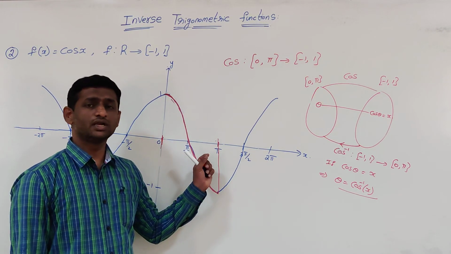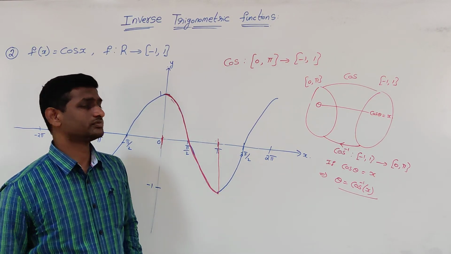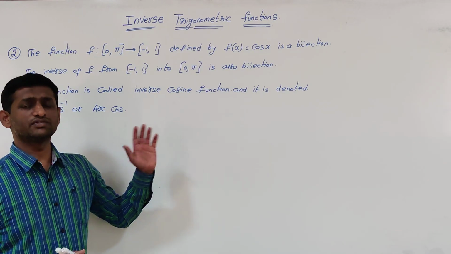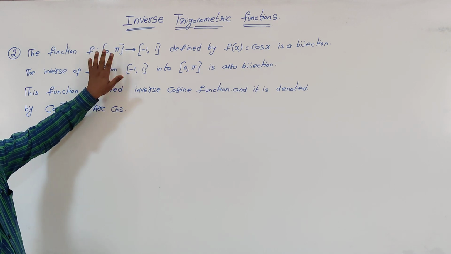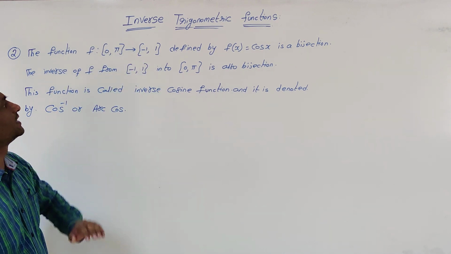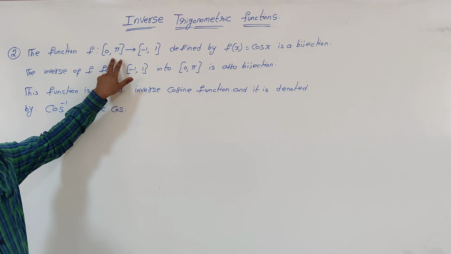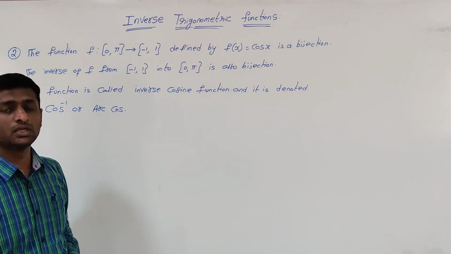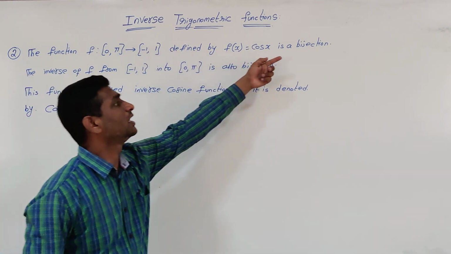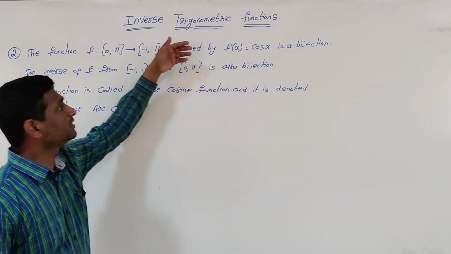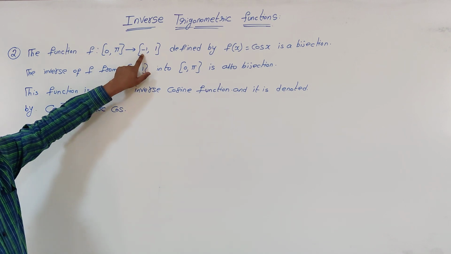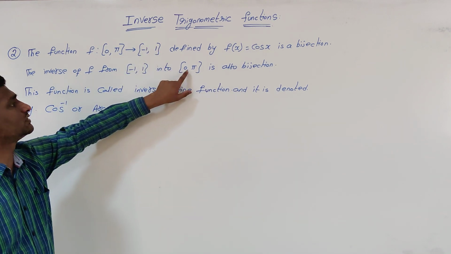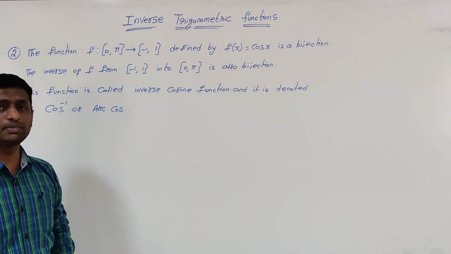So we'll see the definition in brief. The function f maps the closed interval 0 comma pi to the closed interval -1 comma 1. Means this is the restricted domain for cos x, so that this function becomes a bijection. Then, if it is a bijection, the inverse of f from the closed interval -1 comma 1 to the closed interval 0 comma pi is also a bijection.